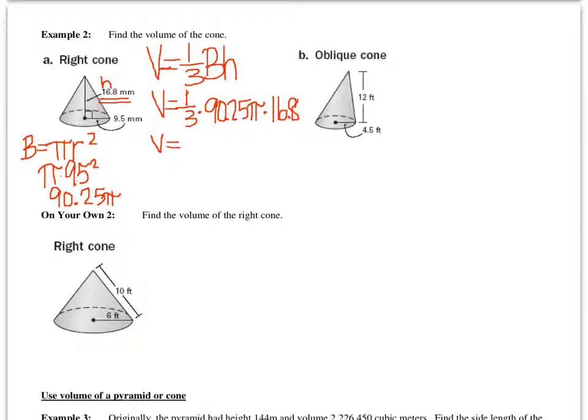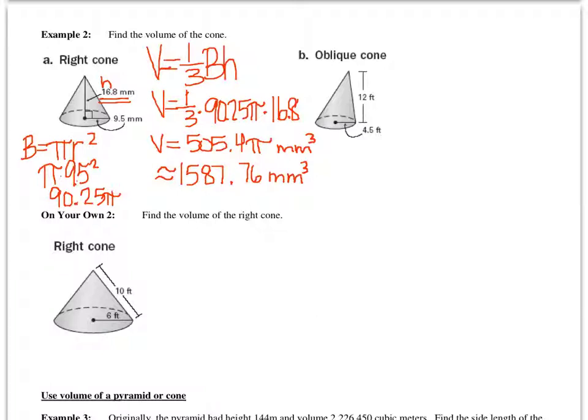And my exact value would be 505 4/10 pi. And my units would be millimeters cubed. And you should be comfortable with putting that in your calculator at this point. And if you want to get a rounded value, put that in your calculator and multiply it by pi. You'll get 1,587 76/100, and my units is still millimeters cubed.